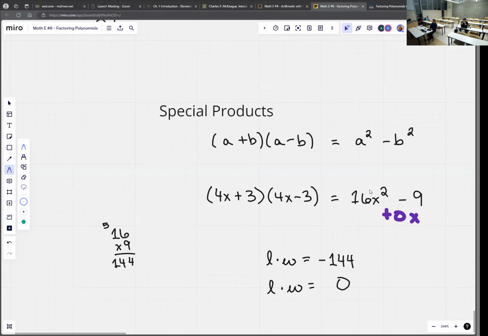So we can still do the same thing we did before. What are two numbers that multiply to negative 144 but add up to 0? Well, 12 and negative 12.